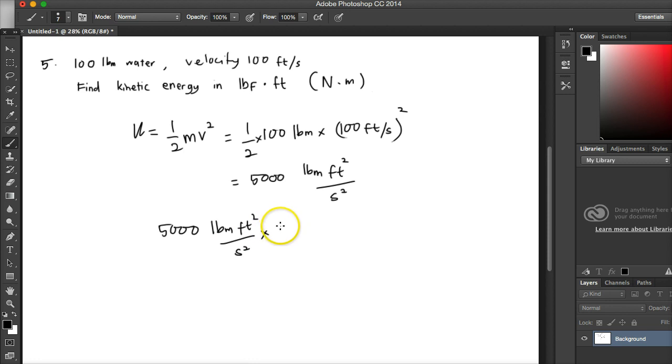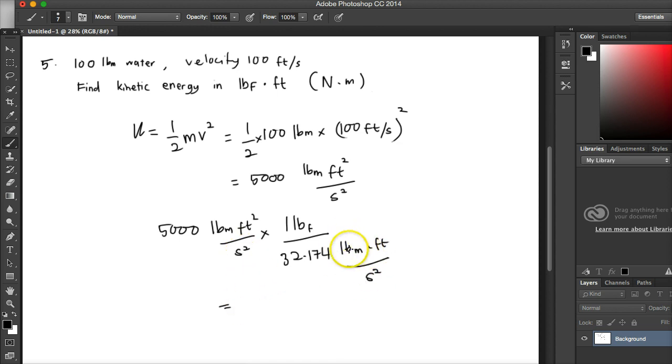So 1 pound force is equal to 32.174 pound times foot over second square. You can find this value in the conversion table in your textbook. And so in the end, what can we cancel here?